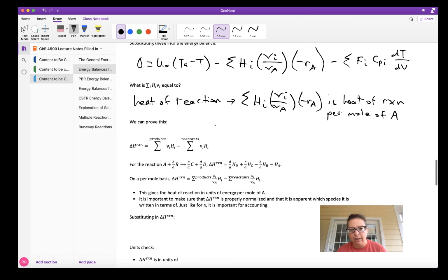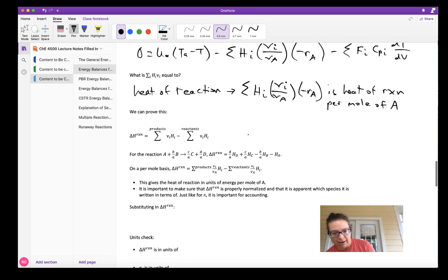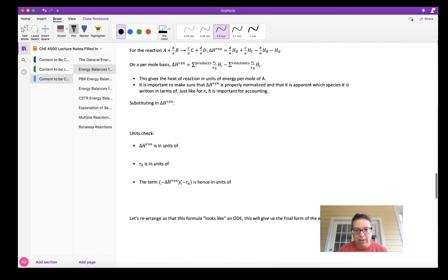When we write into the energy balance that we have a heat of reaction times a rate, we want the heat of reaction and the rate to be in terms of the same component. If we don't do that, then we're going to have an accounting error. So it is important to make sure that the heat of reaction is properly normalized and that it's apparent which species it is written in terms of.